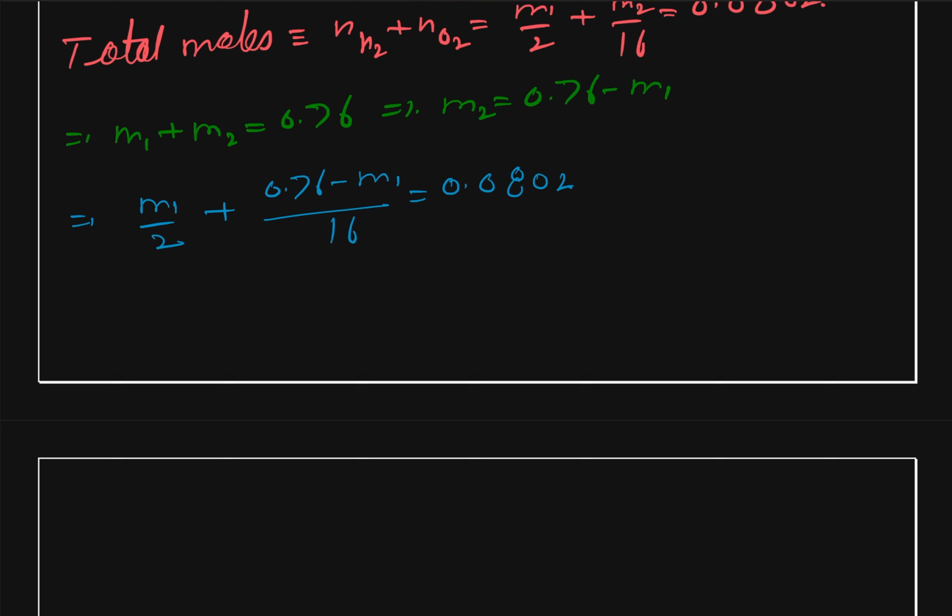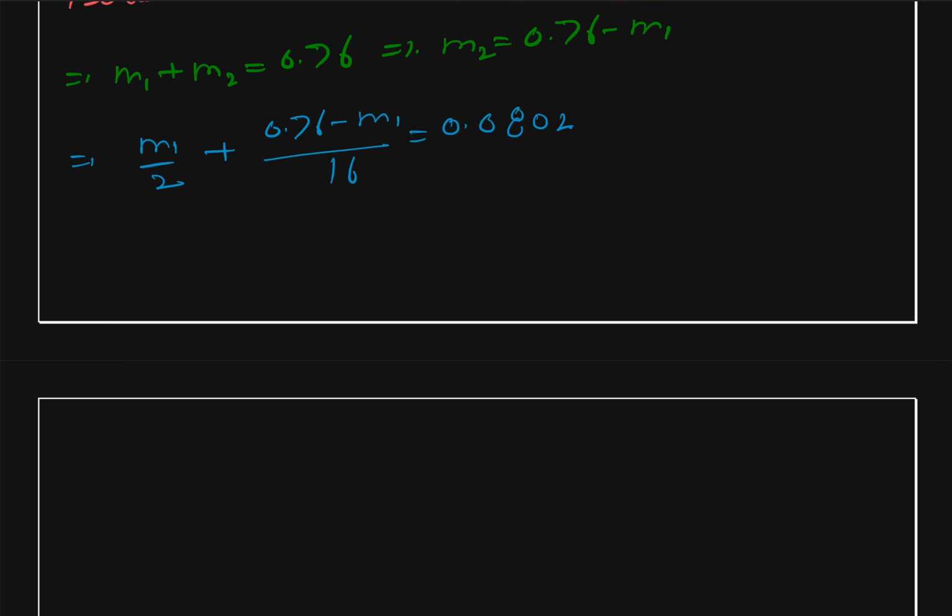So we get 16 M1 plus 0.76 minus M1 is equal to 32 times 0.0802.